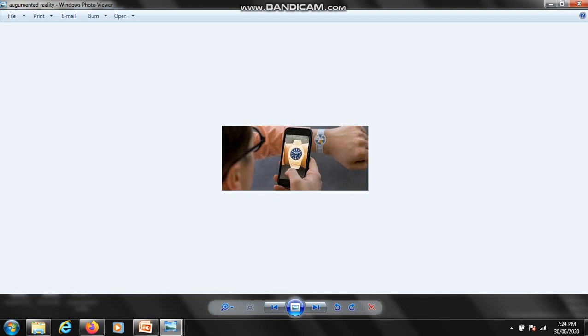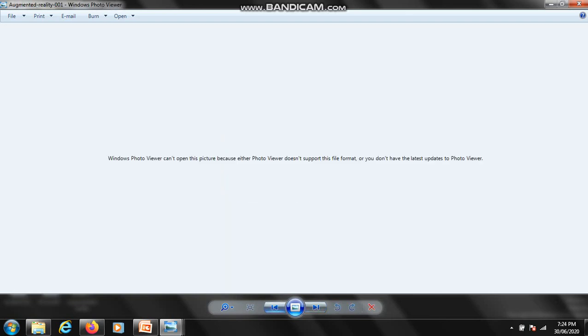This augmented app uses your camera, and the camera shows you a clear view of the real world, and shows you information and text, that is, the camera shows you an image on top of that view.